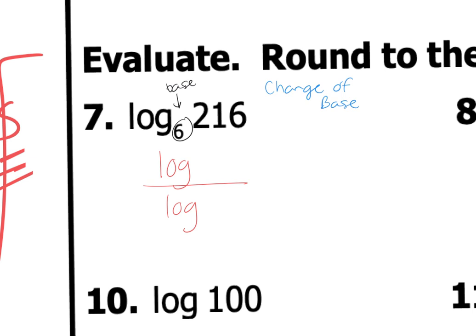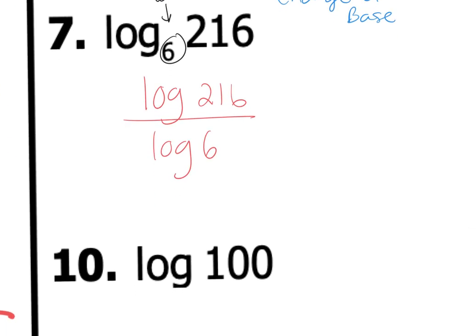Bases go down at the bottom. The other number, 216, goes up at the top. You plug this into the calculator. So for you guys, you're going to do 216 log divided by 6 log. And when you plug that in, you should get 3.